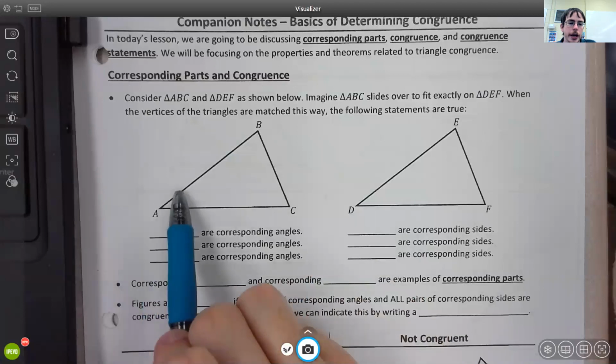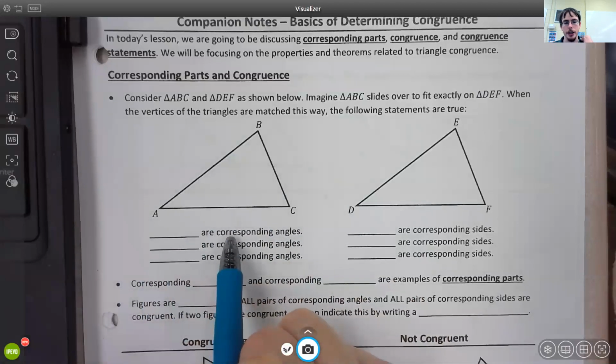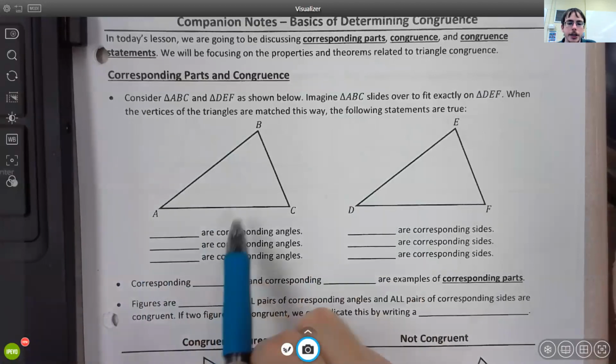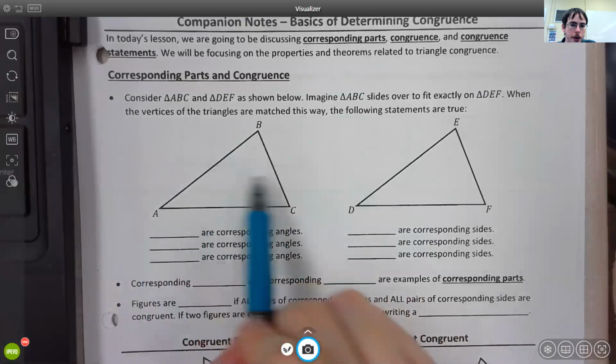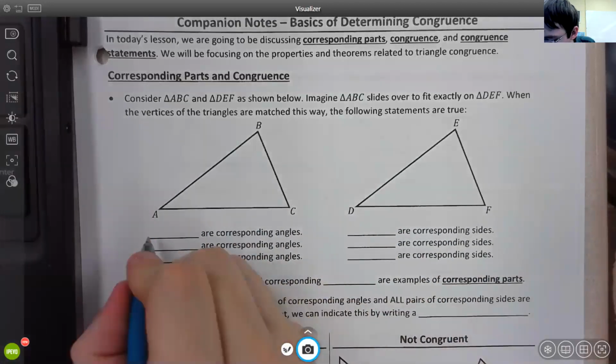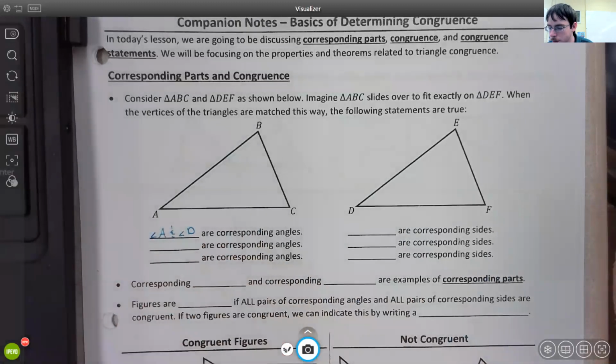So for example, if you're talking about angle A, which one would be corresponding with it? And you should see that angle A and D would overlap. They would match. They're in matching locations. So angle A and angle D are corresponding angles.